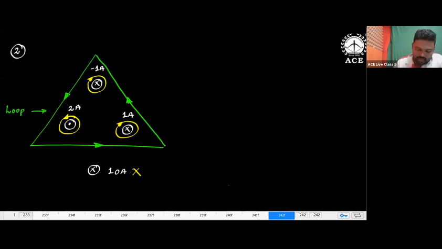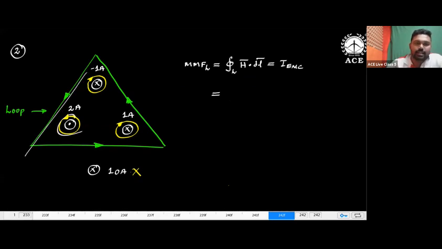So what is it? MMF in the loop is equal to the closed line integral of H·dl, which is equal to I_enc. Here, loop direction and magnetic field directions are the same, beta, so consider that current to be +2.